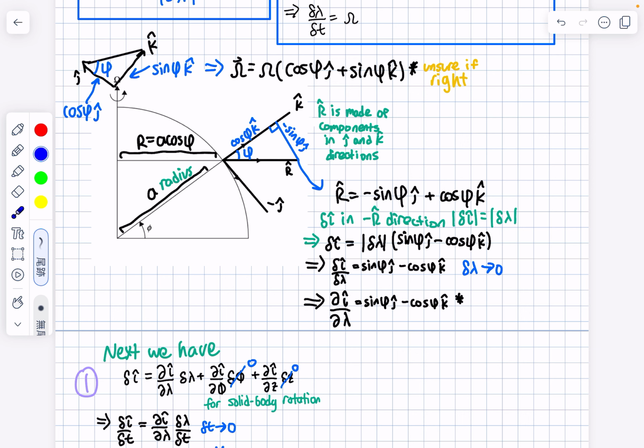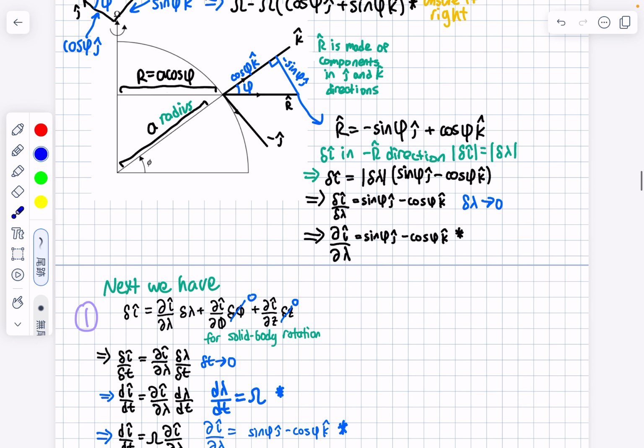And now we also need to figure out one more thing. So let me think. We also need the direction of the r unit vector, which is the unit vector for this direction r, because this can be pointing many different directions.